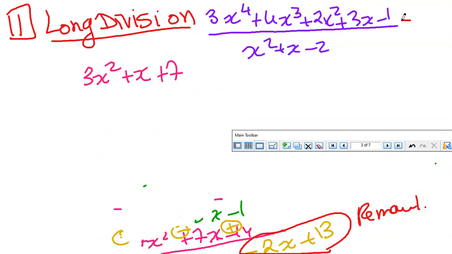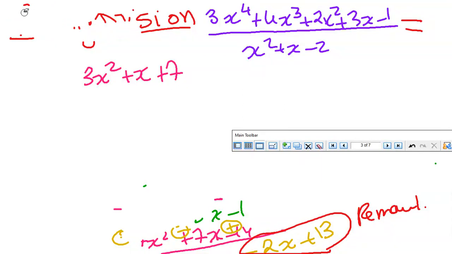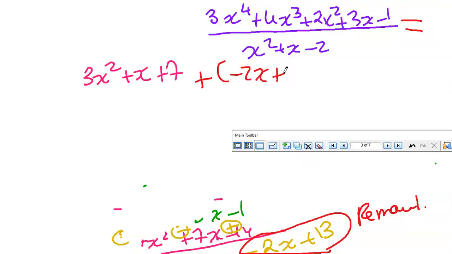So when I do the division, it's equal to 3x squared plus x plus 7, and I still have plus the remainder, minus 2x plus 13, over x squared plus x minus 2.